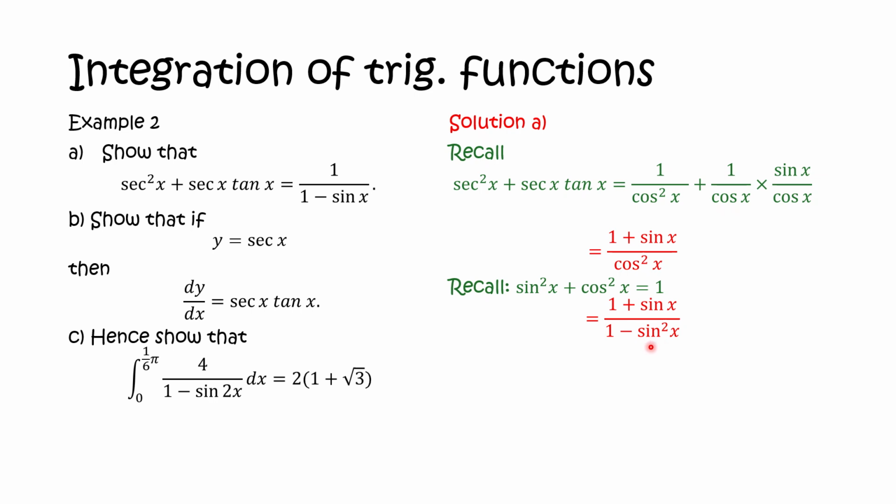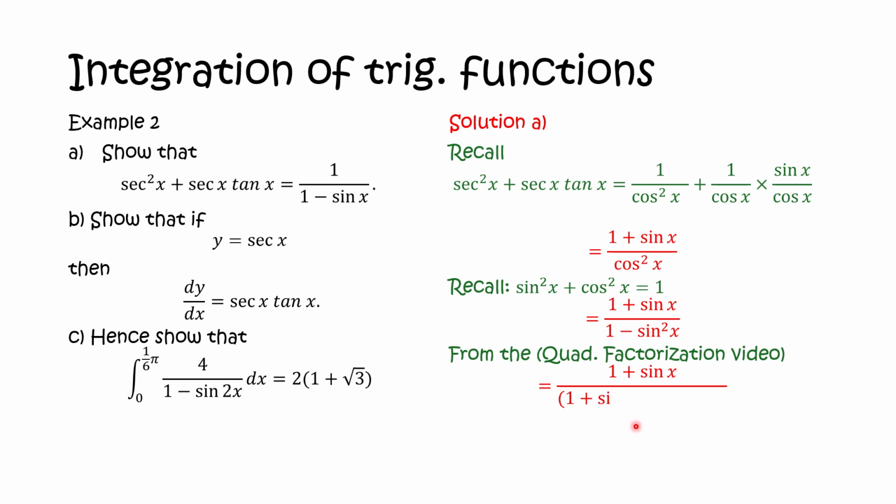And recall from the quadratic factorization video, which I encourage you to check out, when we simplify the denominator by factorization, we are going to have it as 1 plus sine x times 1 minus sine x.